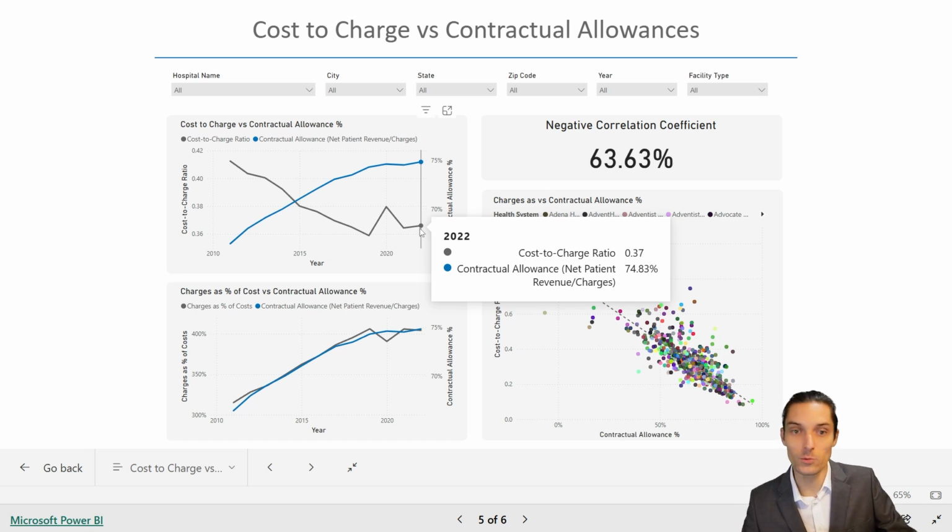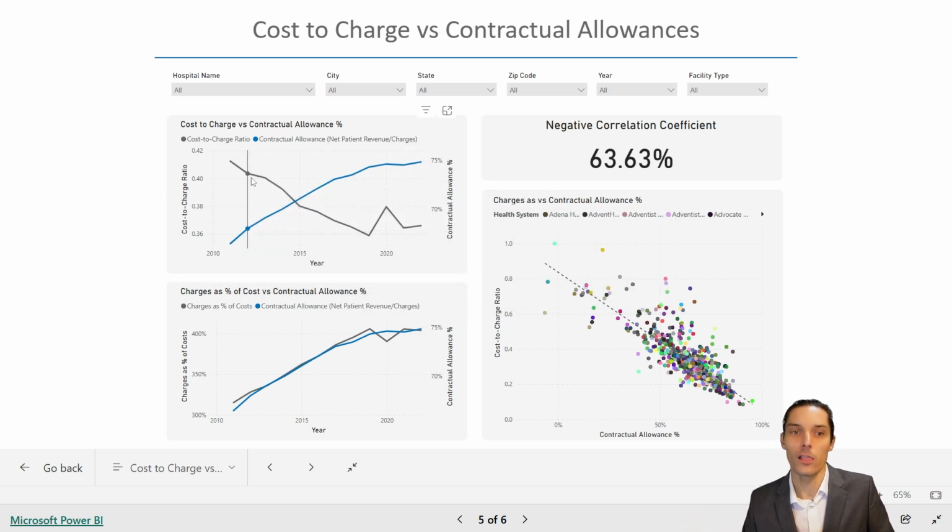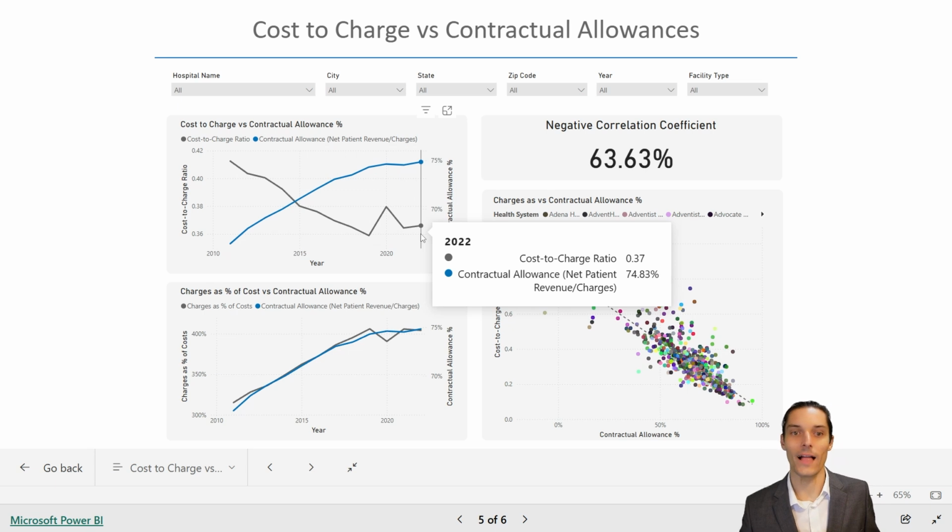Likewise, if you charge more at the top line level, then you will also need to negotiate down, or insurance companies will be motivated to negotiate downward. And so if you have lower cost to charge ratios, then you will have high contractual allowances because these two are similar and related.